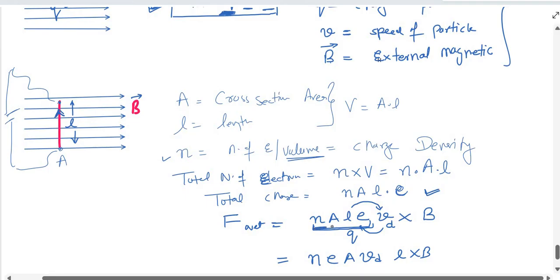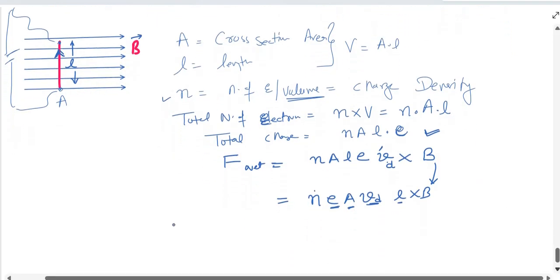I have n here, A is here, L is here, Vd is here, e is here, the charge, everything is here, and B is at its place. I hope you understood what I am saying. I have just done a rearrangement of these letters.